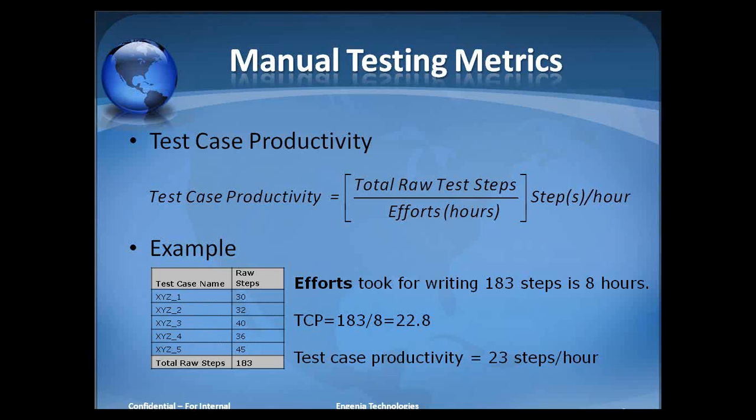The effort required for writing these 183 steps is, let's suppose, 8 hours. So we can easily calculate the test case productivity by dividing the number of steps by the number of hours. Since we took 8 hours to develop 183 test steps, our productivity is 22.8, or you can say that we can write 23 steps per hour.